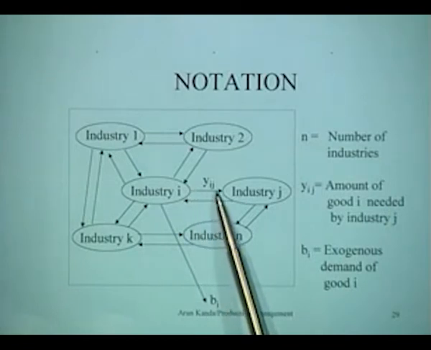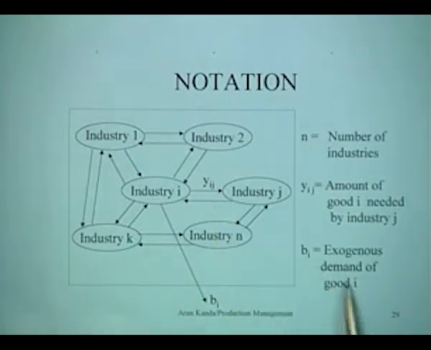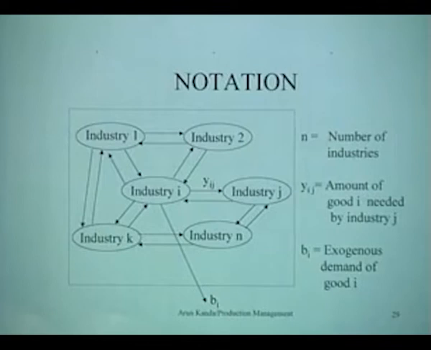So Yij is the amount of good I flowing to industry J in that particular period, and Bi is the exogenous demand of good I. Every industry will have some exogenous demand, which is either exports or whatever the consumers consume. So this is the model that we are trying to look at in terms of Leontief's model.